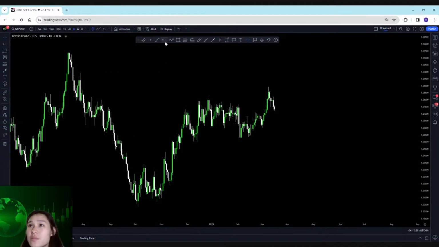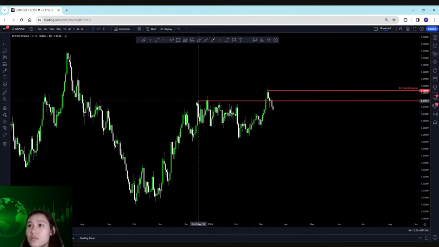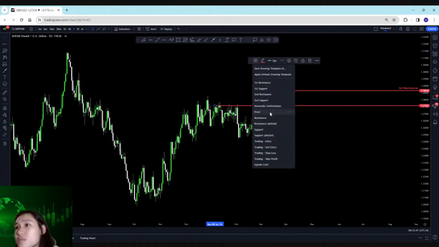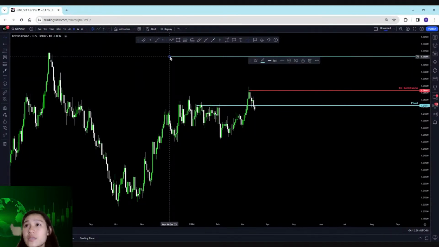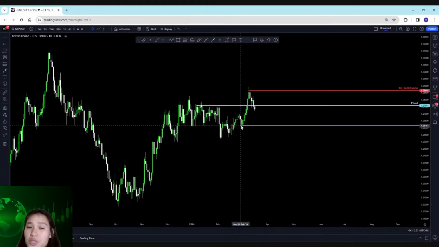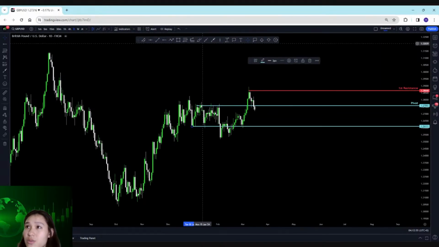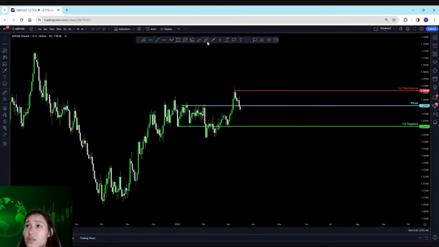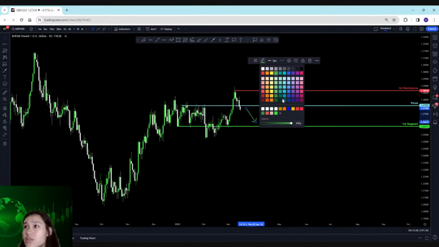I'll place my first resistance here, pivot over here at these multiple swing highs. And our first support would just be over here at these swing lows. So we are forecasting that price is going to drop from our pivot towards our first support.